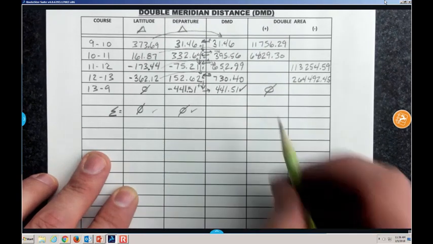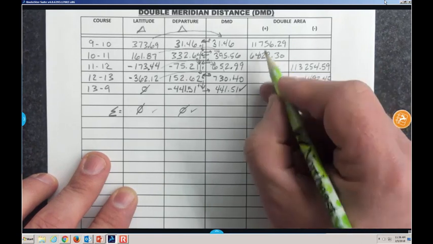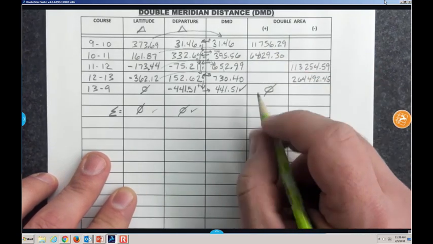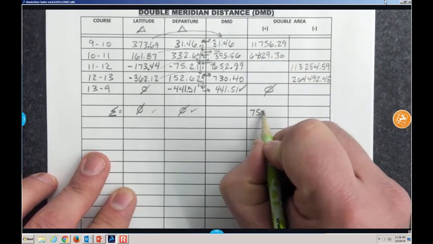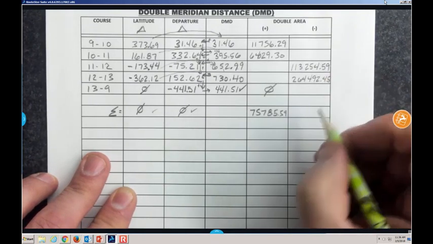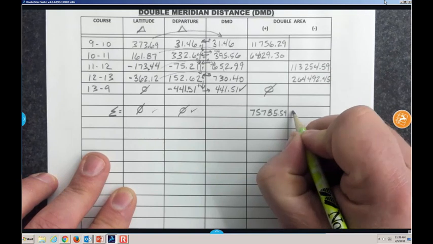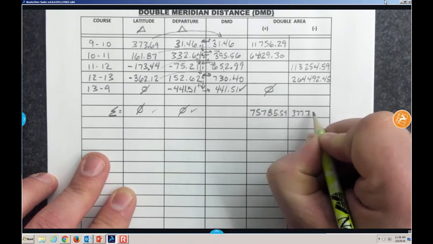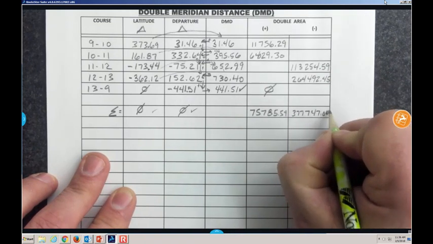So now let's sum these up. What's the sum of the pluses? 75,785.59. Sum of the negatives? 377,747.04. Okay.